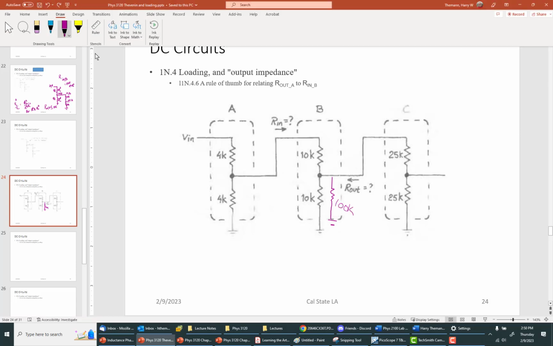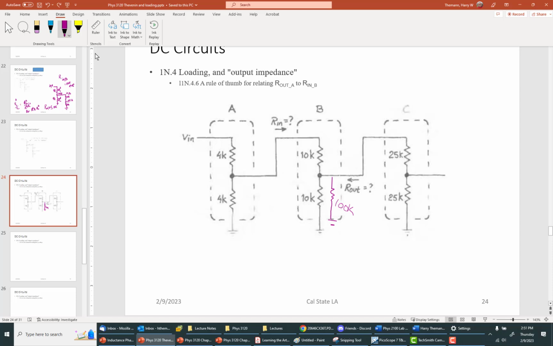Because we have these two resistors in parallel, we can ignore the 100K resistor. That's the whole point of it. So as long as the load is 10 times greater than the output impedance, then I don't have to bother with adding it into the calculations.